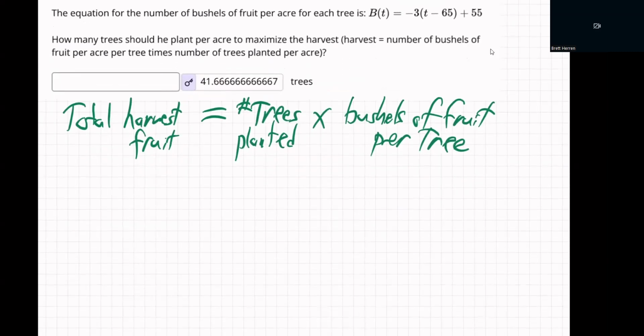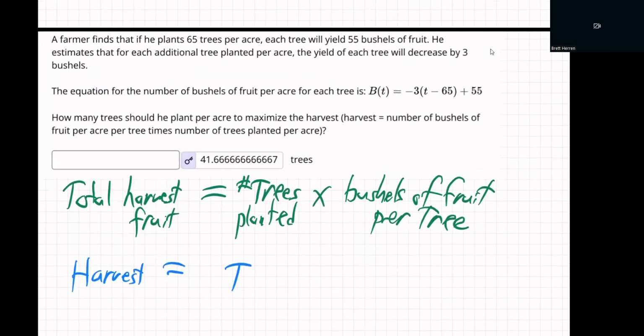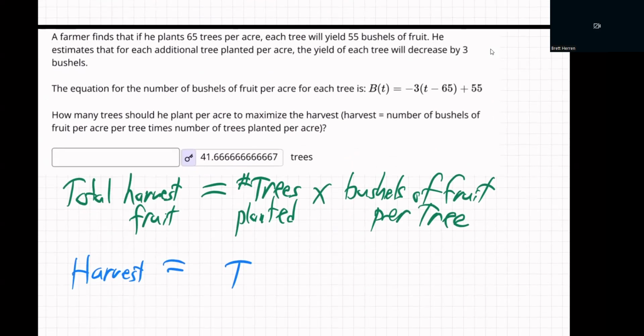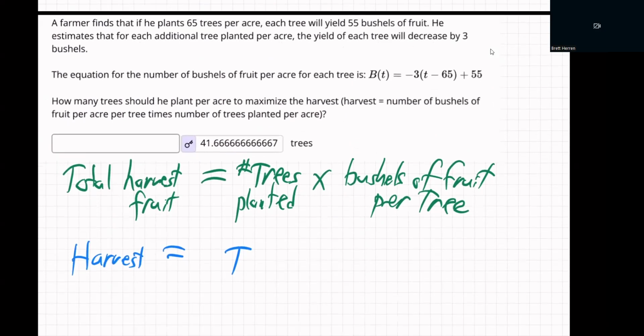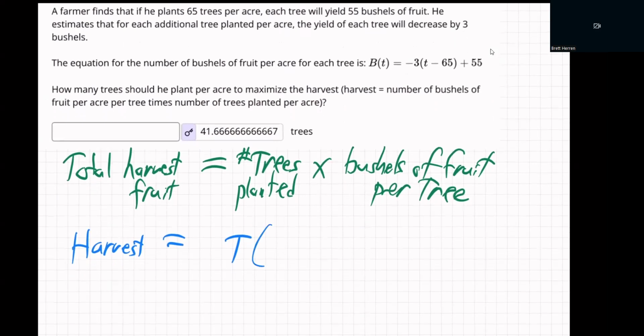So that means the harvest is going to be the number of trees planted. That's T. That's just exactly what T is. I guess I didn't say that anywhere, but T is the number of trees planted times B, which is the bushels. So let me actually multiply this right here.